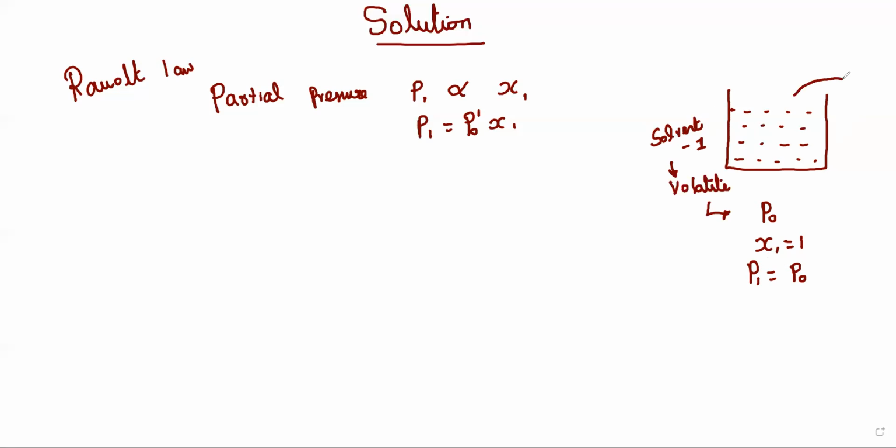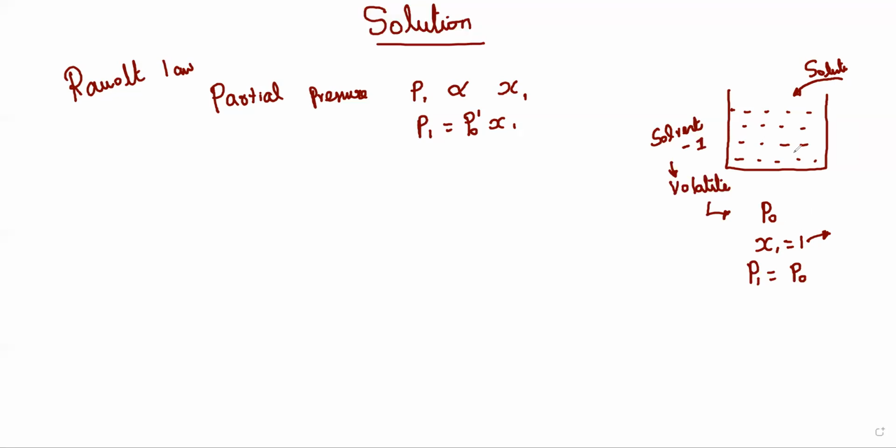But if I add any solute to this solvent, whether it may be gas, liquid or solid, because of this solute the mole fraction of the solvent must be reduced. Initially we have pure solvent, so it has a mole fraction of 1.